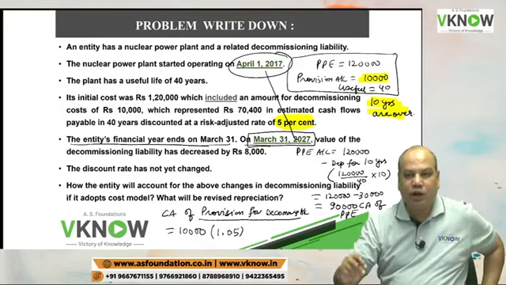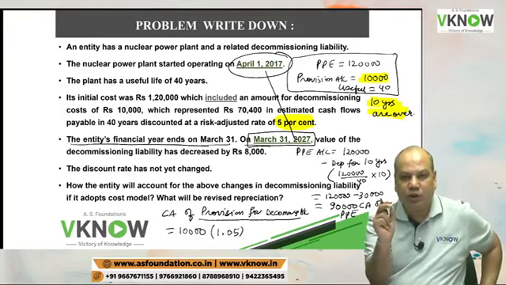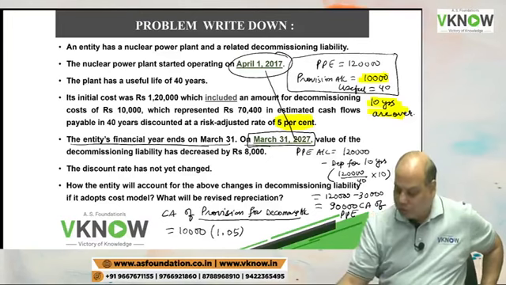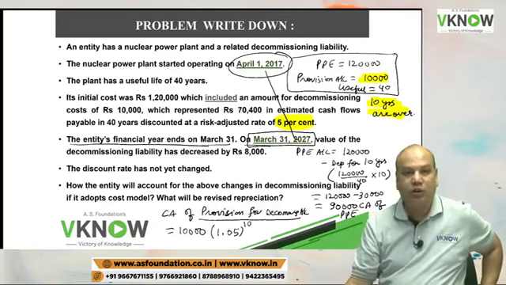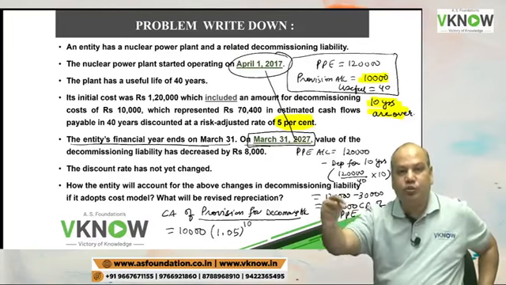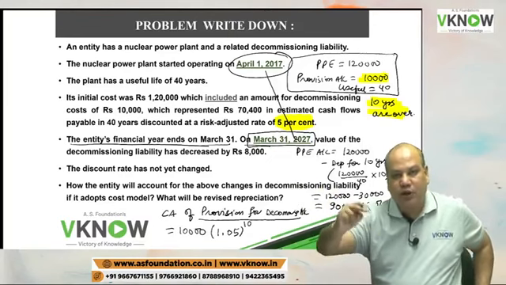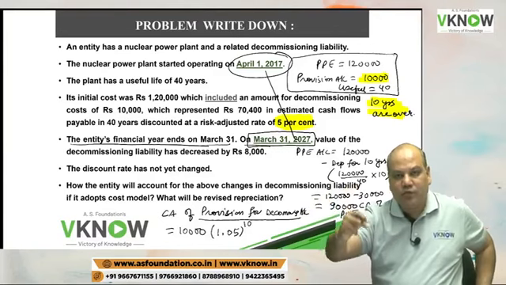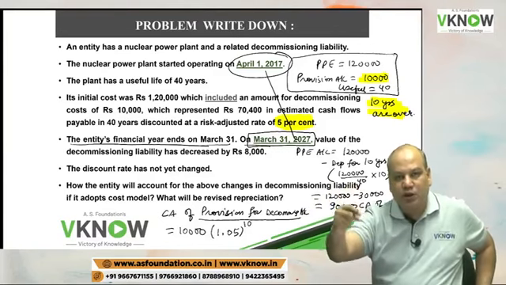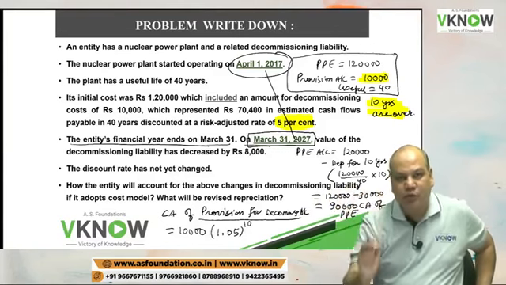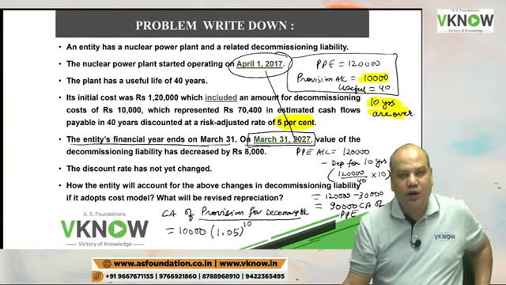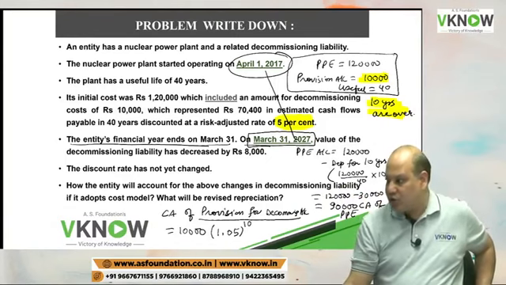After 1 year it will become 10,000 into 1.05, and to the power 10, because now we have to move towards the future. If you add 5% ten times, you will get the carrying amount of provision for decommissioning expense.